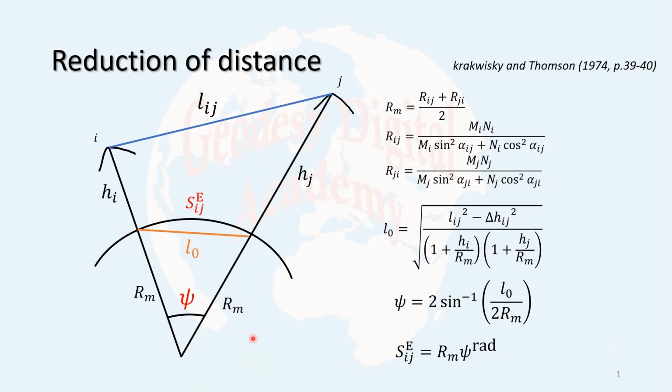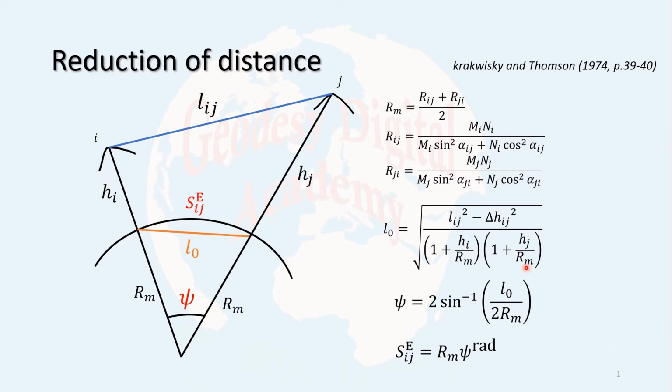Later, you can change the cosine of psi to the half angle using the half angle formula and change it to sine of psi divided by 2, because that one connects you to the chord distance there. So this chord distance simply can be computed by this formula.